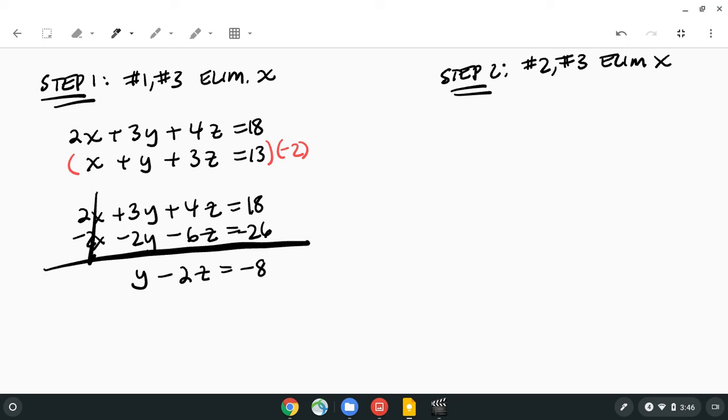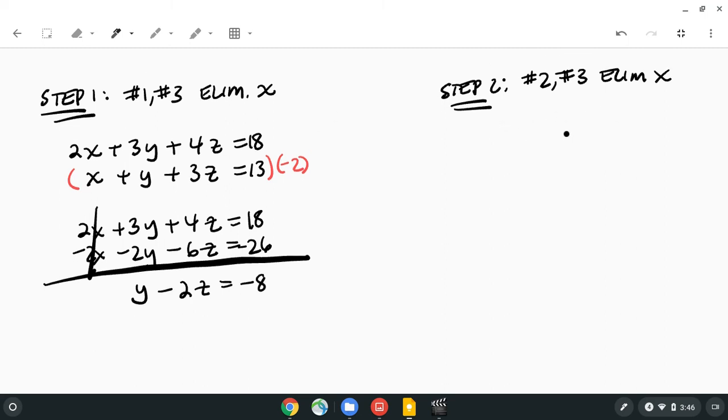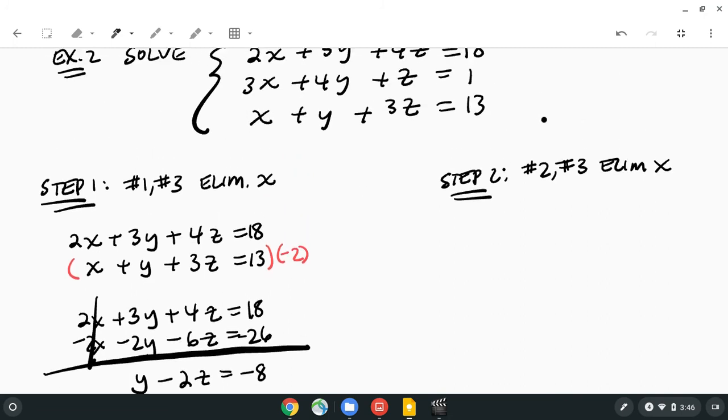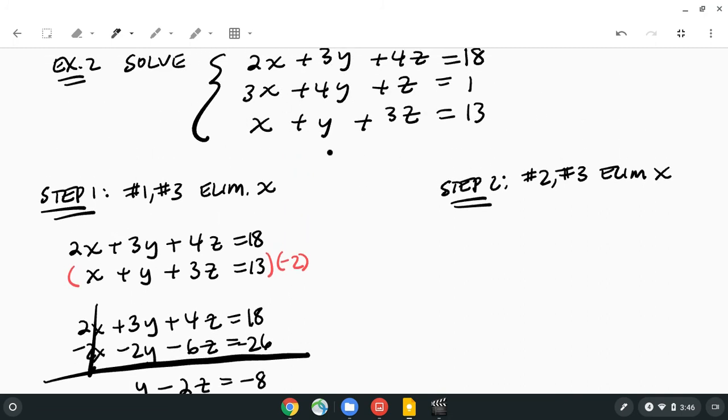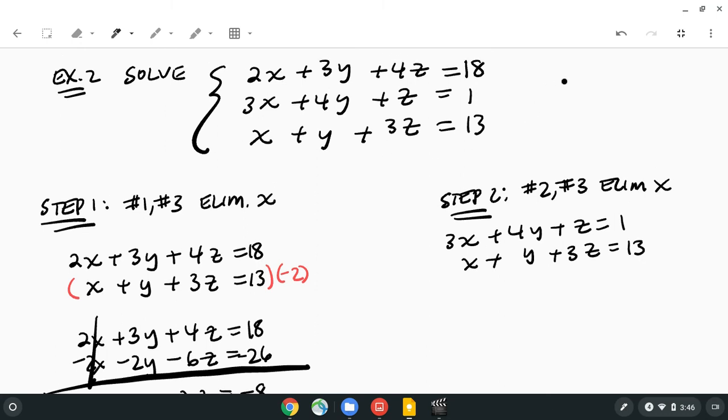Now let's do the other side. We picked 1 and 3, so now we'll do number 2 and 3. Again, it doesn't matter which two you pick so long as it's different from the first set. Let me bring this down, and number 3. Let me make sure I copied everything correctly.